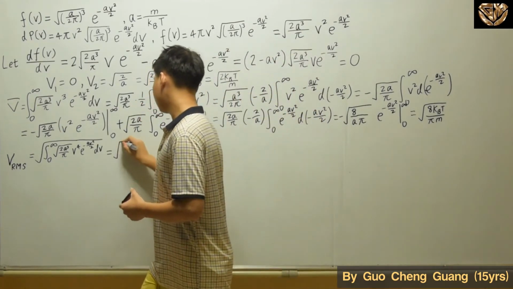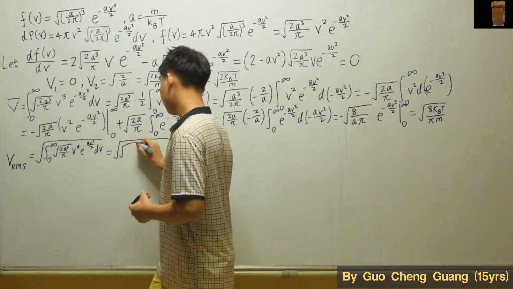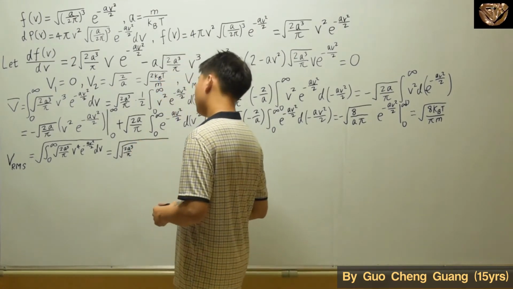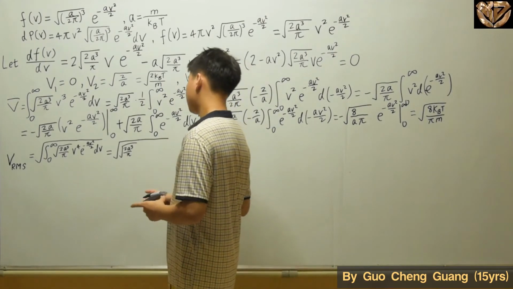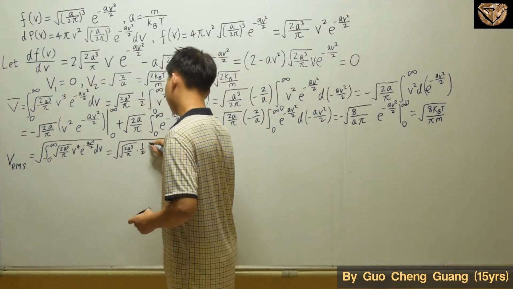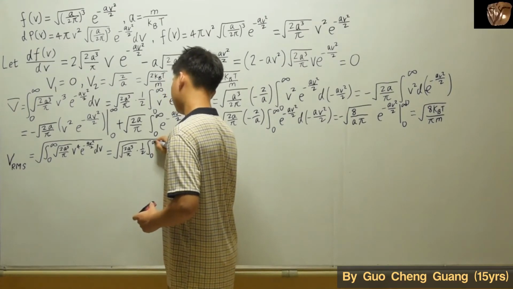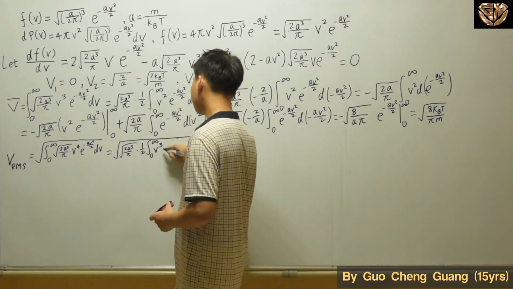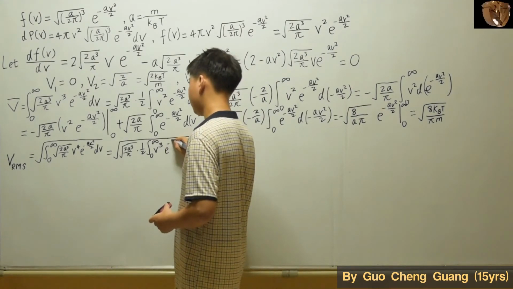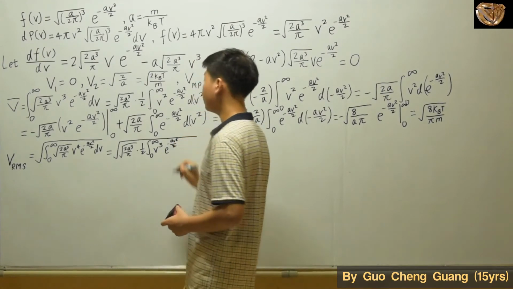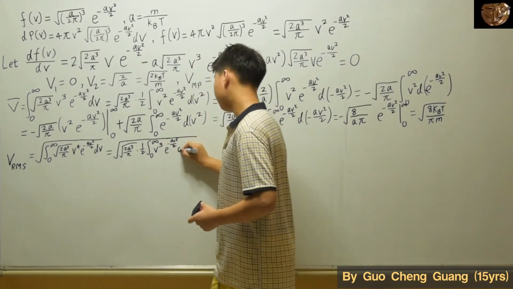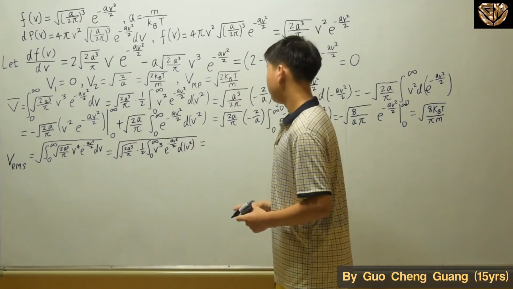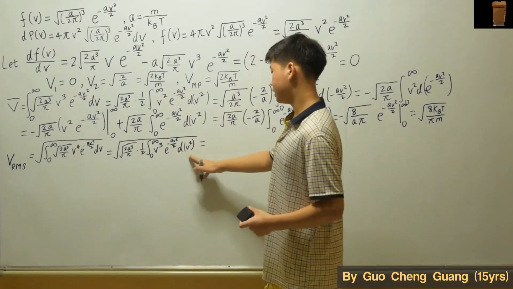So you're going to see square root 2a cubed over pi, this time times half, integrate 0 to infinity, and you're going to have v cubed multiplied by e to the power of negative av square over 2 and dv square. Same thing, we put the entire exponential part inside.